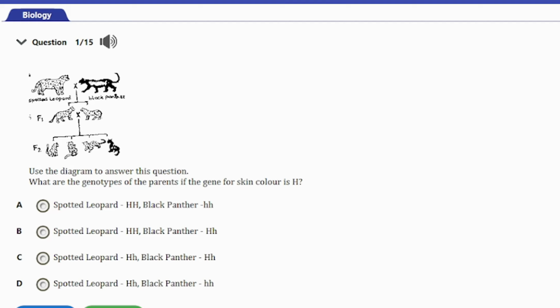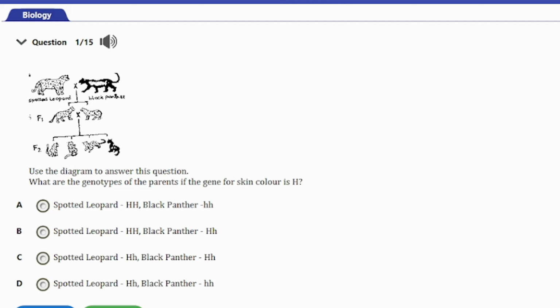You see three animals showing the dominant spotted leopard phenotype, whereas the last one is phenotypically the same as the black panther. So that's 1/4 for black and 3/4 for the spotted leopard in the F2 generation.